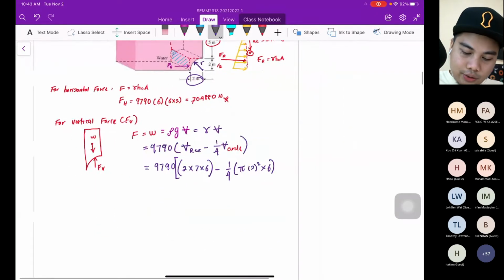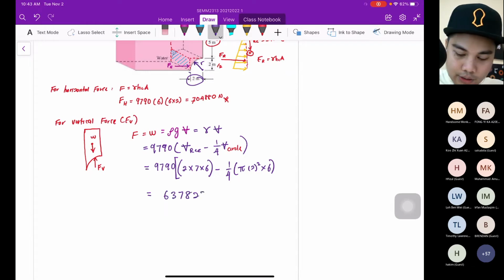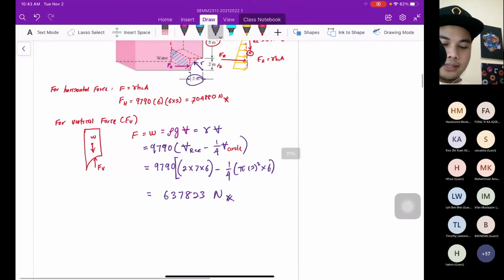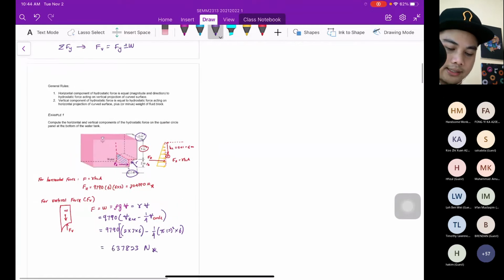You try to simplify, you will get the vertical force to be 637,823 Newton. Alright, that's it. That is the final answer.